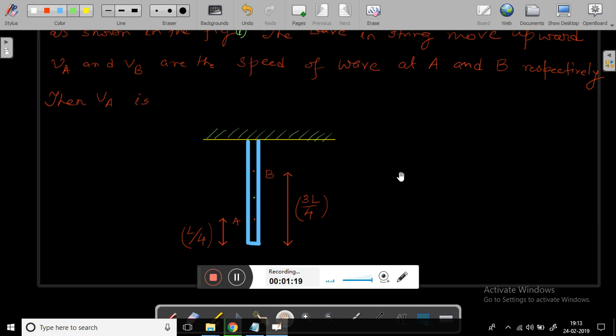Now we have to find the value of vA with respect to vB. How do we do such problems? Let's see. First, we will look at the given data.